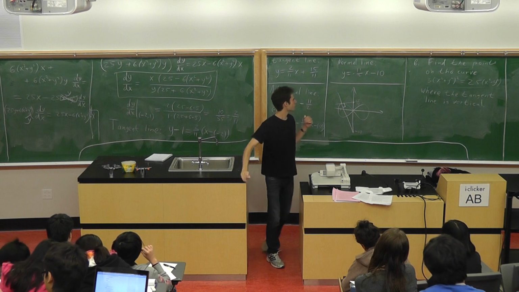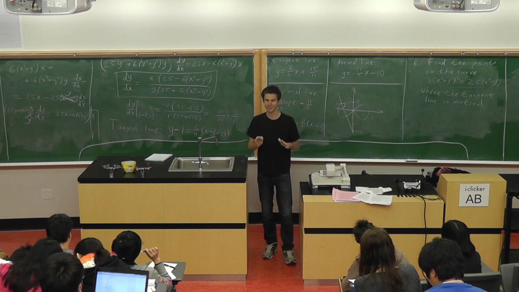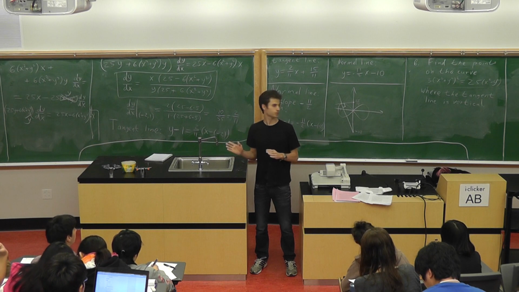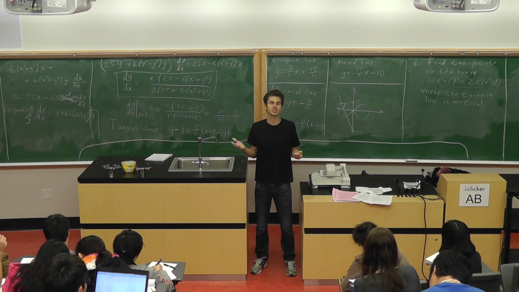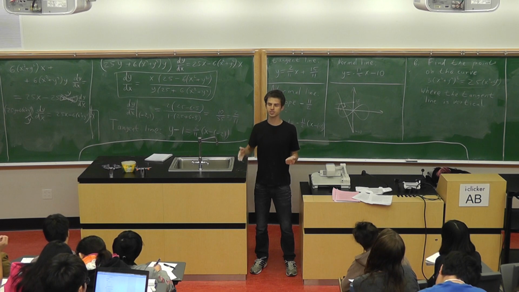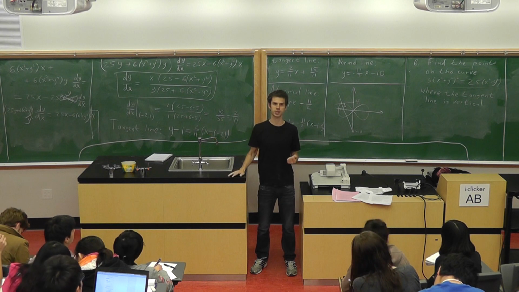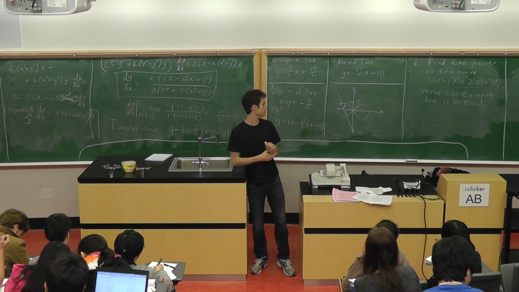Right. So, let's start with this observation. If any line is vertical, what is its slope? It just doesn't exist. The vertical line doesn't have any slope. It's not of the form y is equal to something times x plus something. It's of the form x is a number.